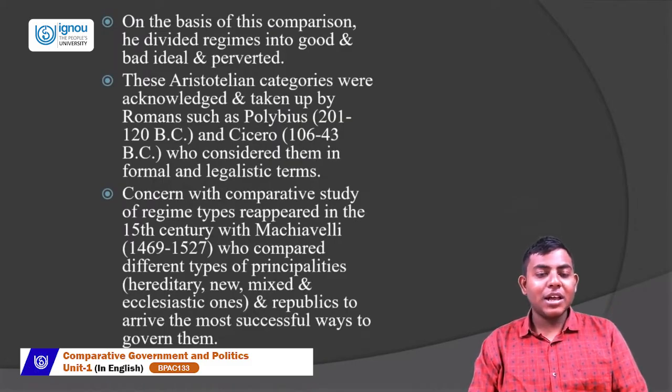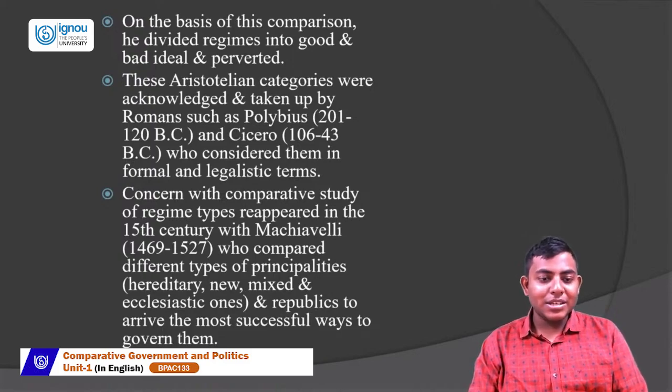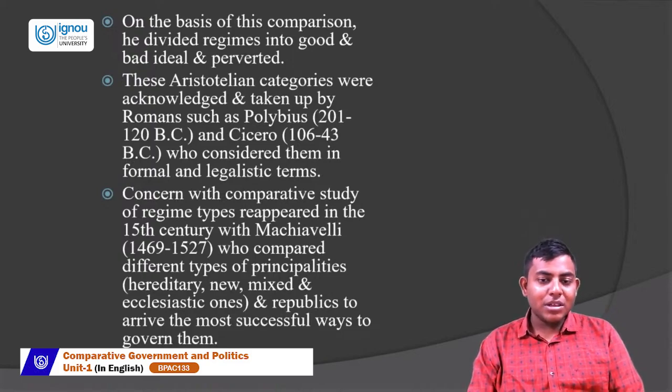These Aristotelian categories were acknowledged and taken up by Romans such as Polybius and Cicero, who considered them in formal and legalistic terms. Concern with comparative study of regime types reappeared in the 15th century with Niccolo Machiavelli, who compared different types of principalities, hereditary, new, mixed, and ecclesiastic ones, and republics to arrive at the most successful ways to govern them.